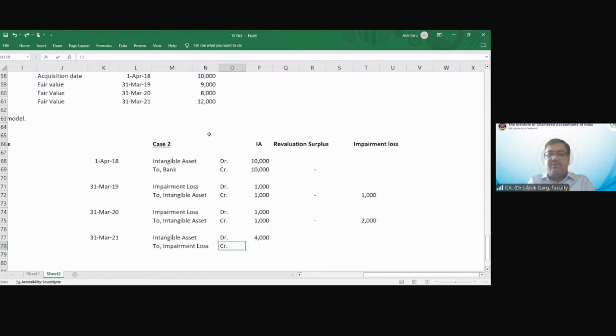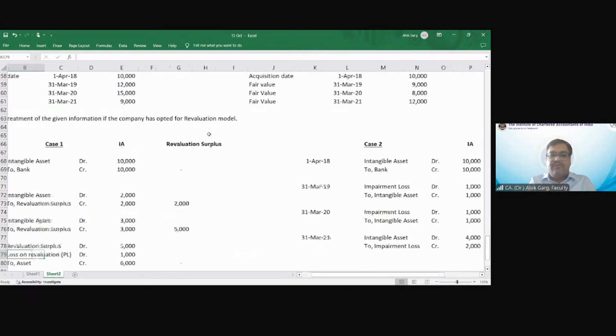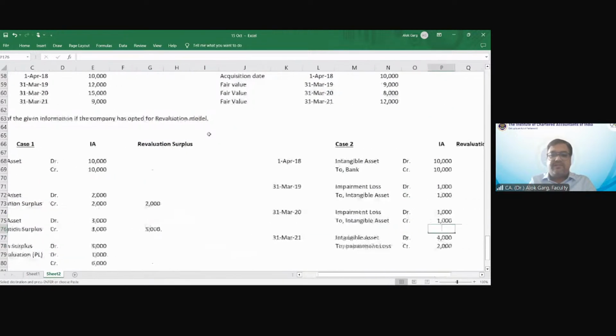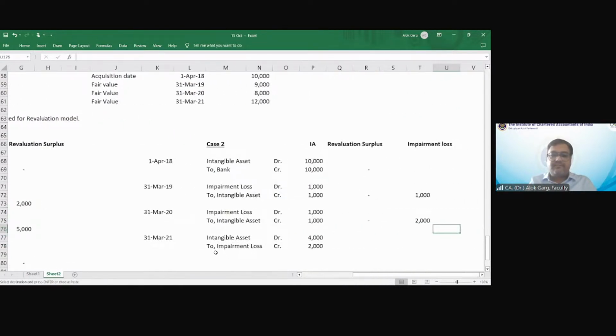What is the amount of this impairment loss? 2,000. We will reverse this number. And the balance, where will the balance go? Balance will go to the revaluation surplus. Credit 4,000 minus 2,000, 2,000.